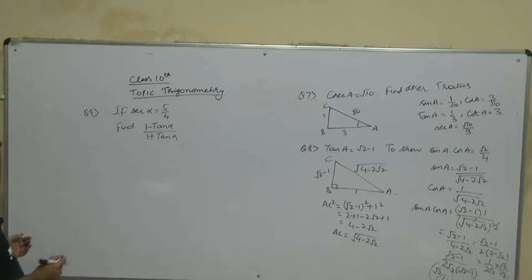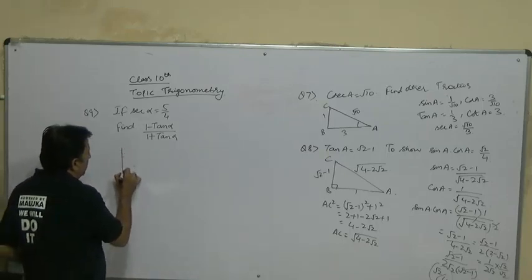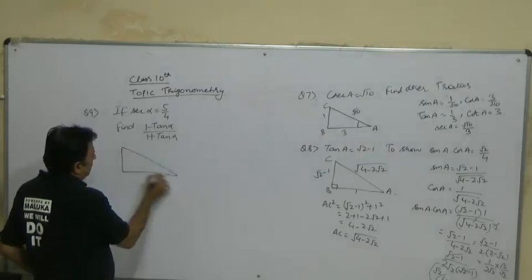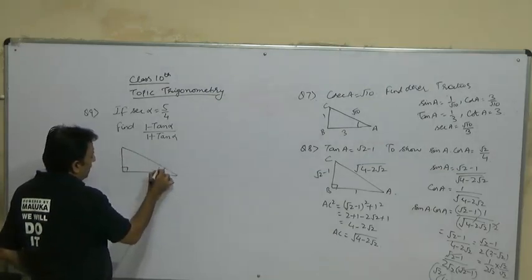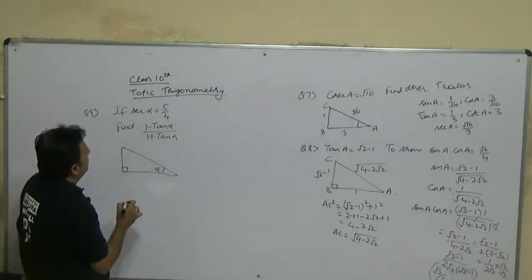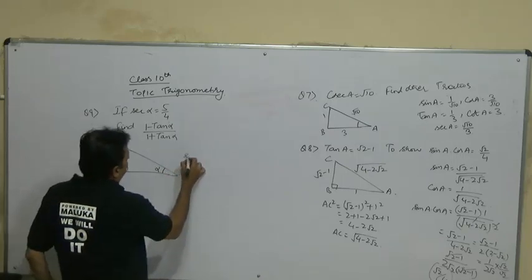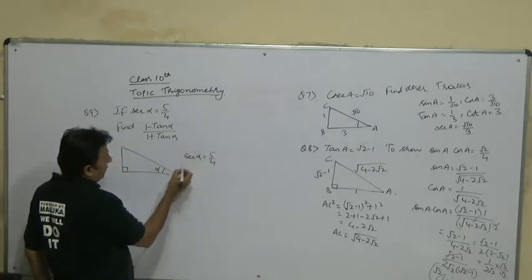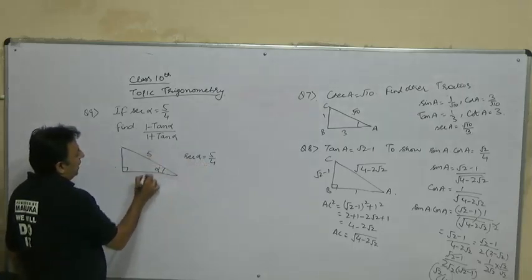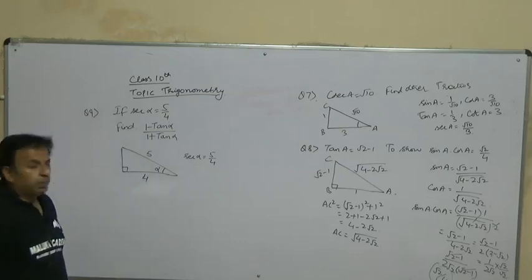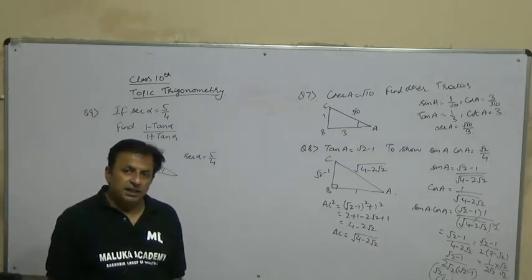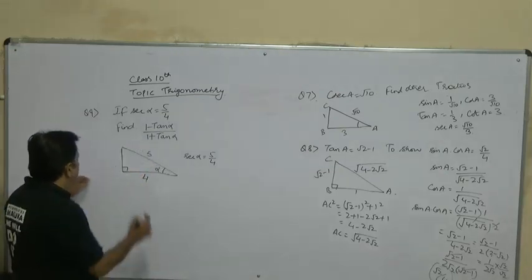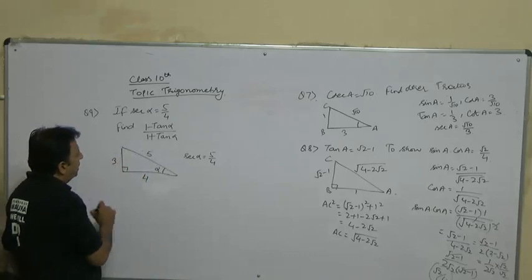So what we will do, we will make a right angle triangle where one of the angles is alpha. We are given sec alpha is equal to 5 upon 4. So secant is 5 by 4, so this will be 5 and this will be 4, hypotenuse upon base. Now the third side will come out to be 3.